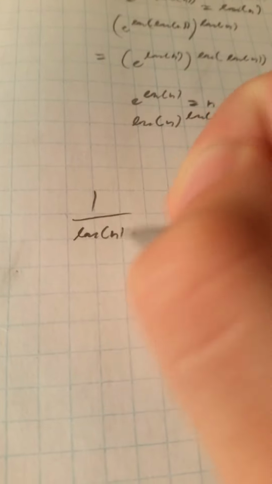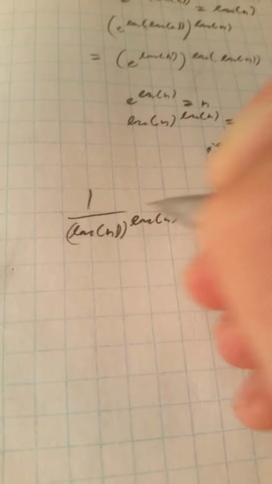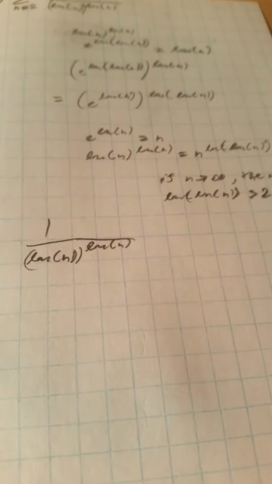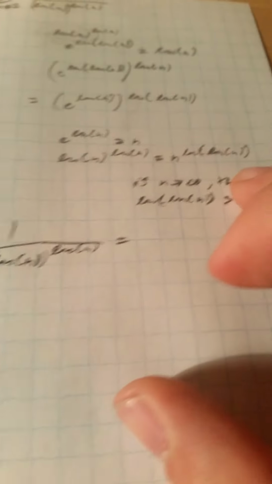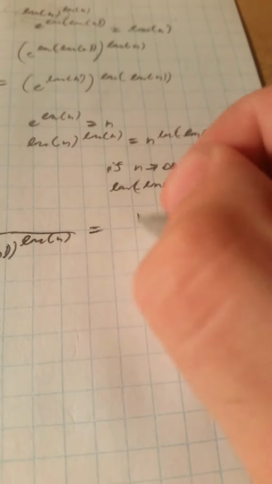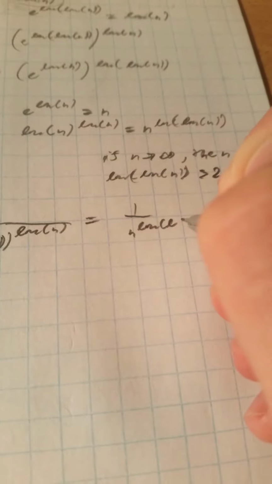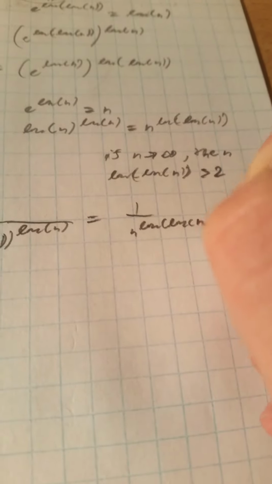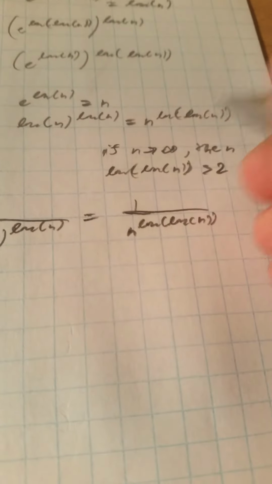So we compare 1 over our original equation, ln of n to the power of ln of n, which equals 1 over n to the power of ln of n, what we got up here.